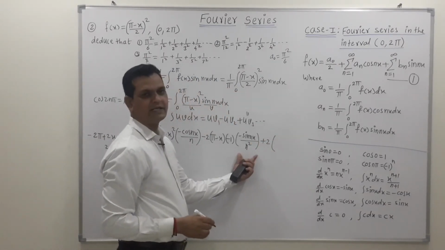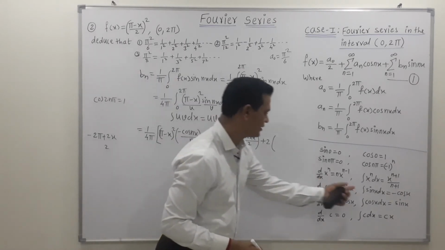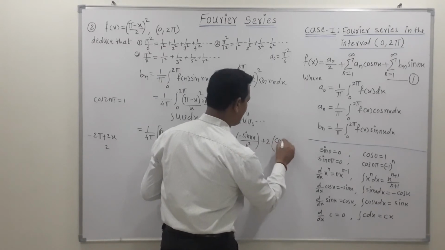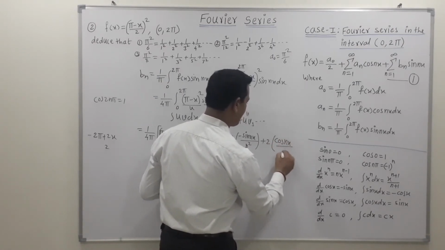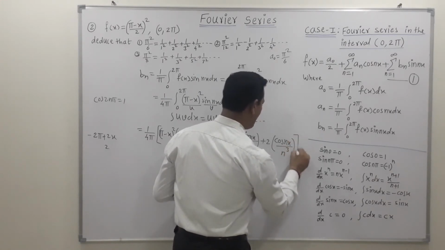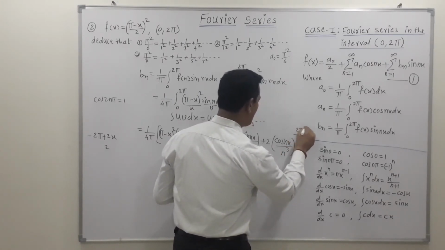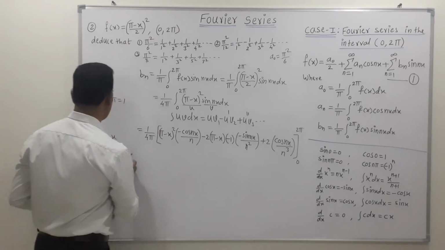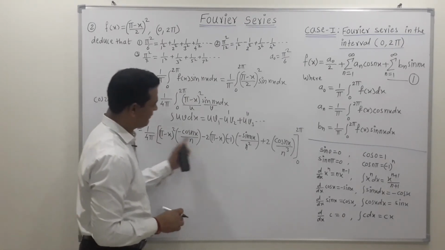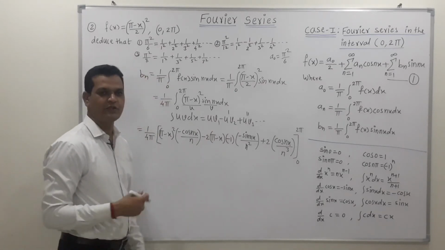Then once again, integration of sine term, integration of sine is minus cos, so this minus becomes plus, we get this as cos of nx upon n into n square, we get this as n cube. Now its limit is 0 to 2 pi. So this is the simple way to calculate the equation with the help of the general rule for integration by parts.